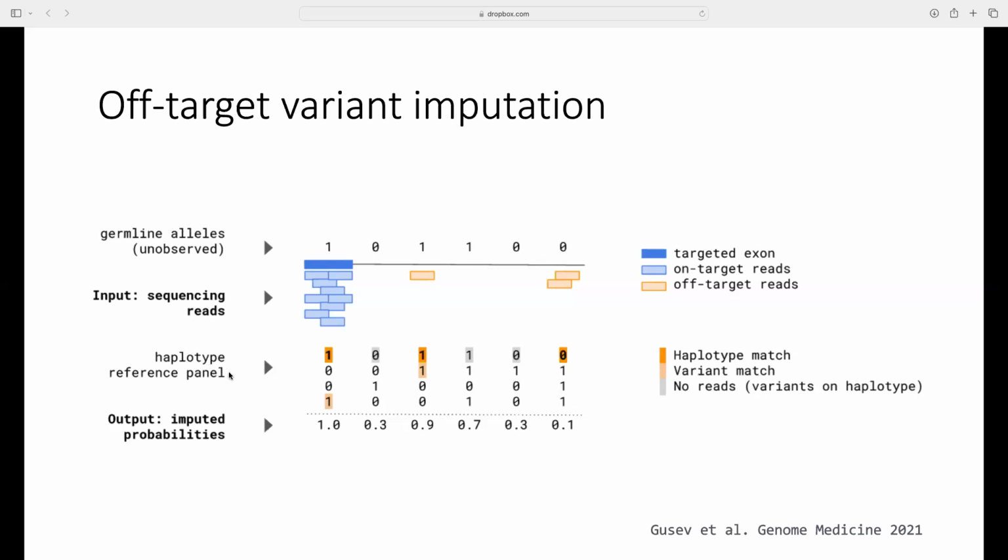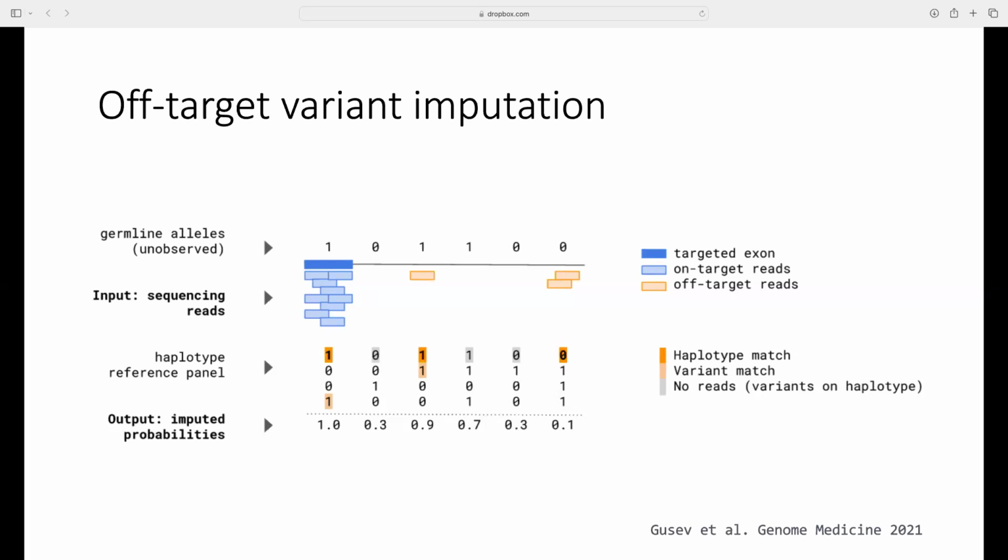But it turns out that if we integrate haplotype reference data from existing public databases, we can do inference on these low coverage sequencing reads in the rest of the genome. And we can use this variation to infer surprisingly accurate estimates of germline polymorphisms that are not in the targeted regions.